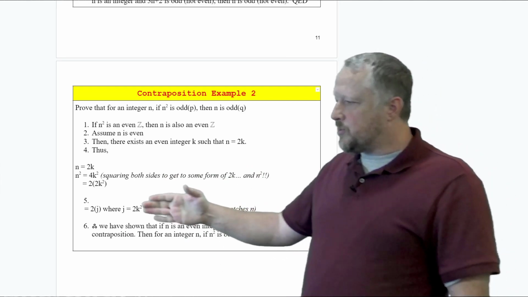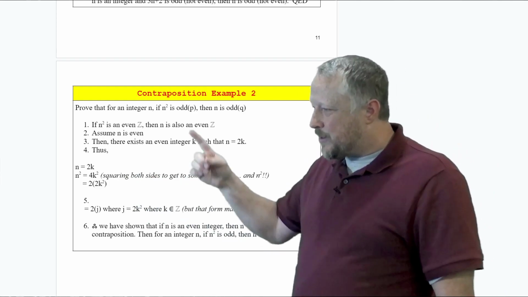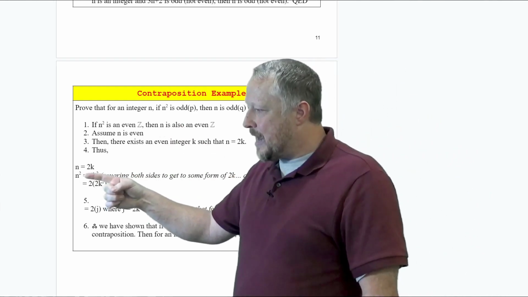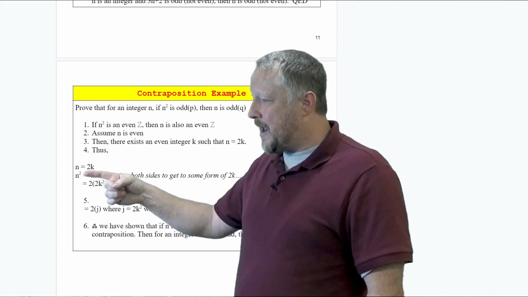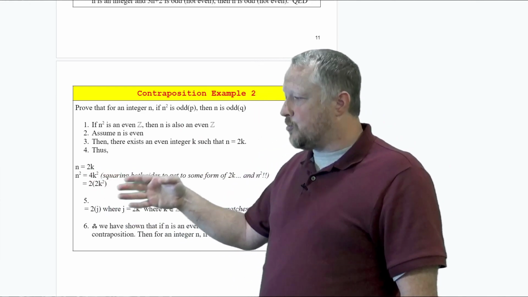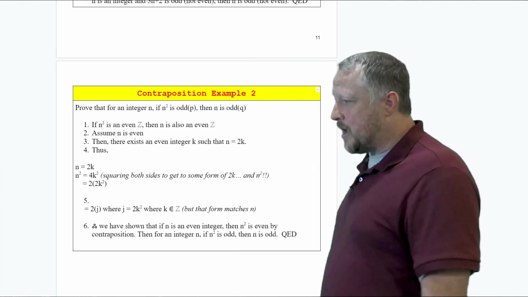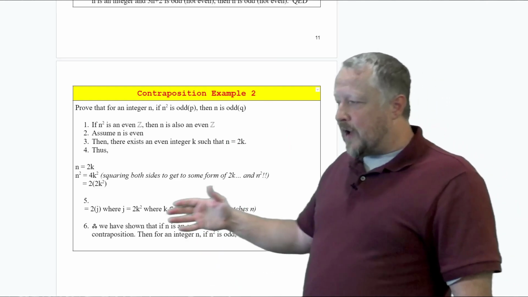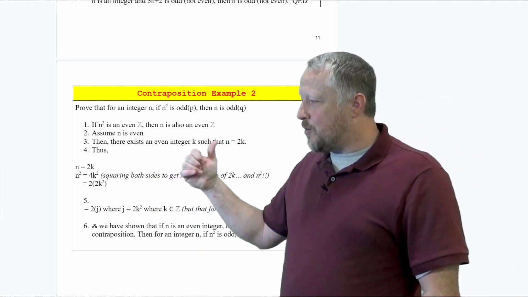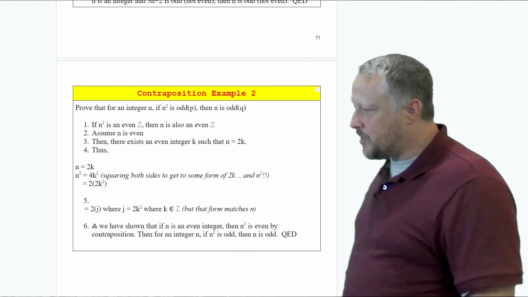So you'll notice some minor trickery on how we want to do this, but again, the focus is the P side. I got it by squaring n, and then I have to square the other side. So notice it's a little different on this side. We have 2 times 2 times k to the power of 2. And then 5 is, again, there's my pattern that I want. There's a 2k, there's a 2j in this example, where j is equal to 2k squared.